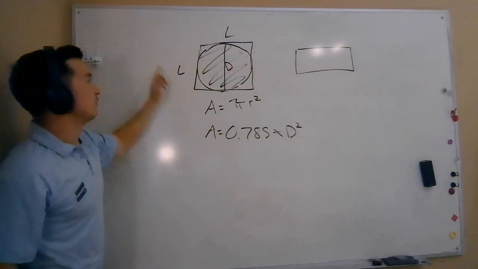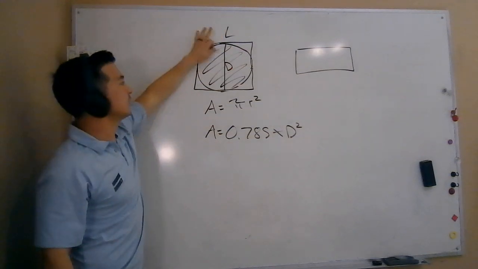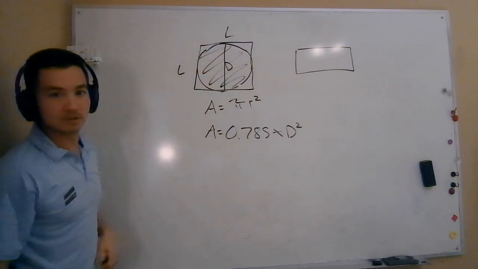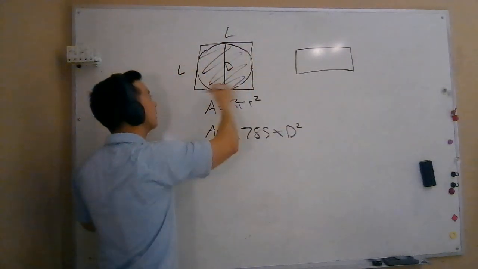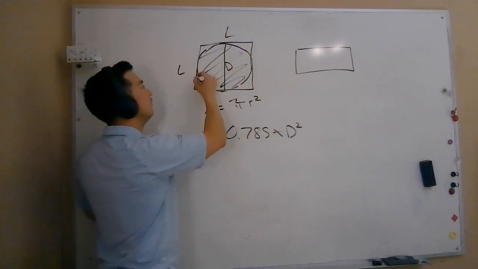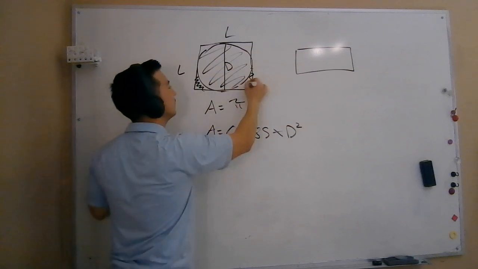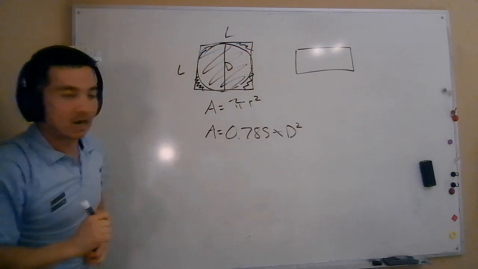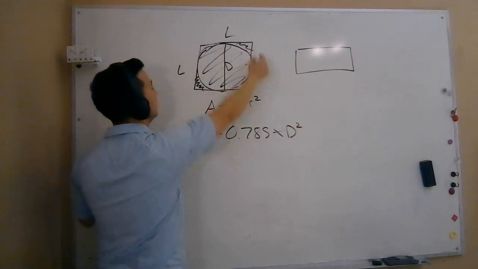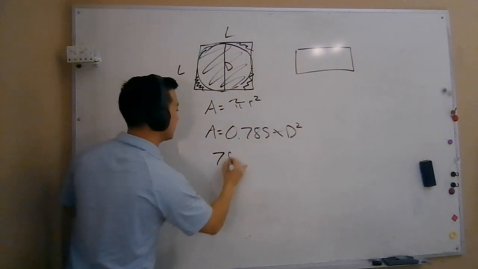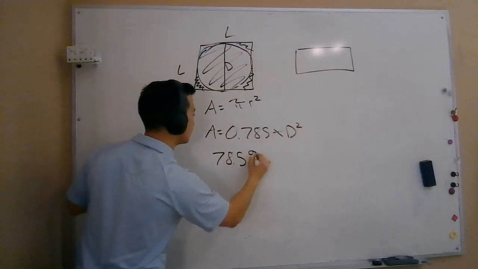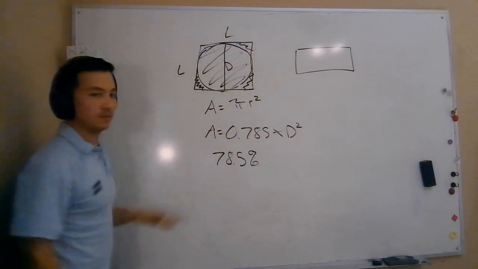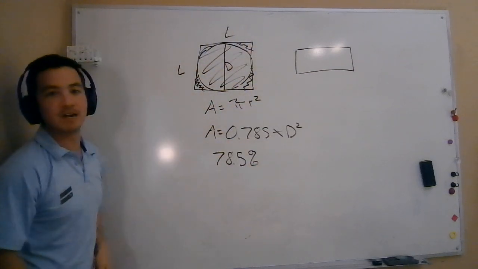So if I do length times length, this tells me the whole area of this square, which is the diameter of this circle squared. However, when we're looking for the area of just this circle, we don't want these little corners here. So we're going to, quote unquote, subtract those out. The circle here is approximately 78.5% the area of this square. So that's where this 0.785 comes from.